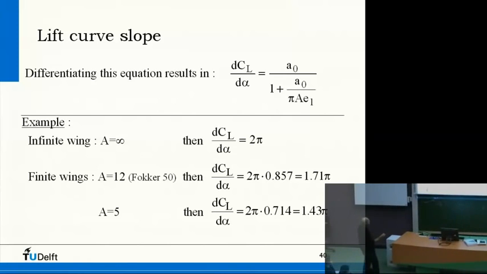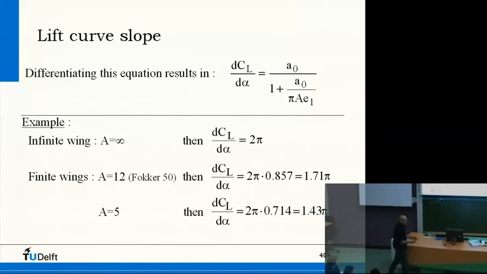For finite wings, like Fokker 50 type, then we see that dCL/dalpha is something like 1.71 pi. So that's considerably lower, right? And if you have aspect ratio A is 5, then again that is a significant amount lower, 1.43 pi per radian compared to 2 pi. So this wing lift curve slope can degrade quite a bit.